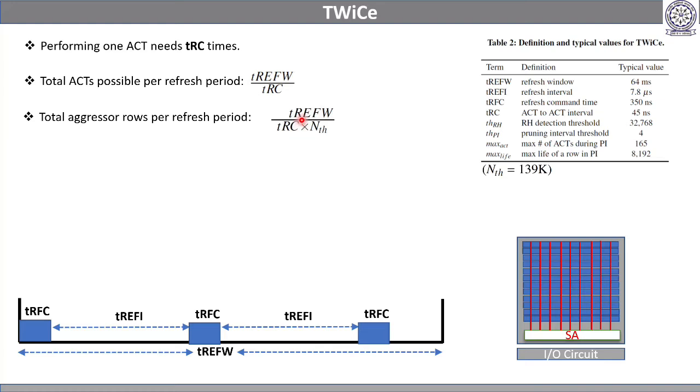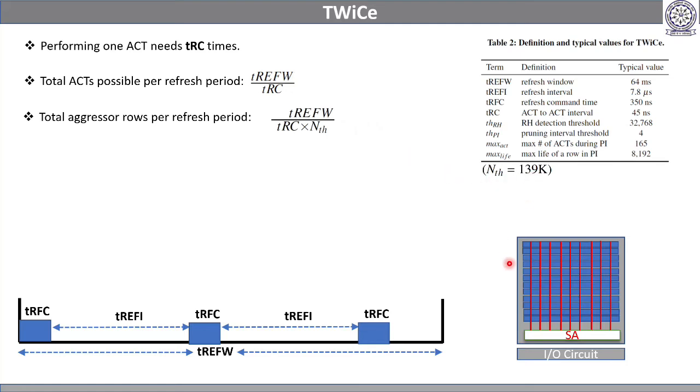If you read the paper, you'll see that they refer to another paper for NTH. NTH means the maximum number of activations to a row which guarantees that there will be a bit flip. So suppose this is 32,000, and NTH may be 139,000.